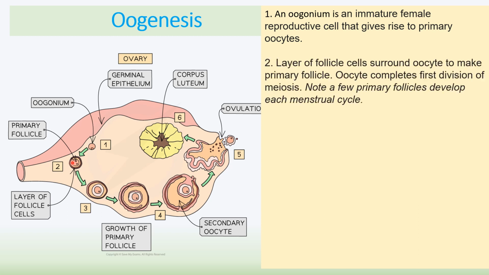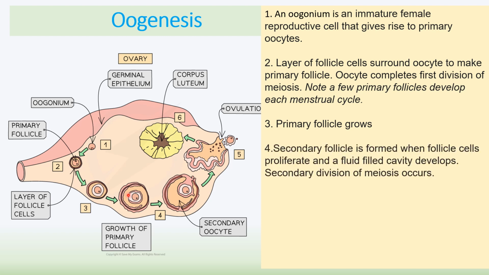So then we have a layer of follicle cells that surround the oocyte to make something called the primary follicle, which you can see here at number 2. The oocyte completes its first division of meiosis, and then it goes to what we call a primary follicle, number 3.